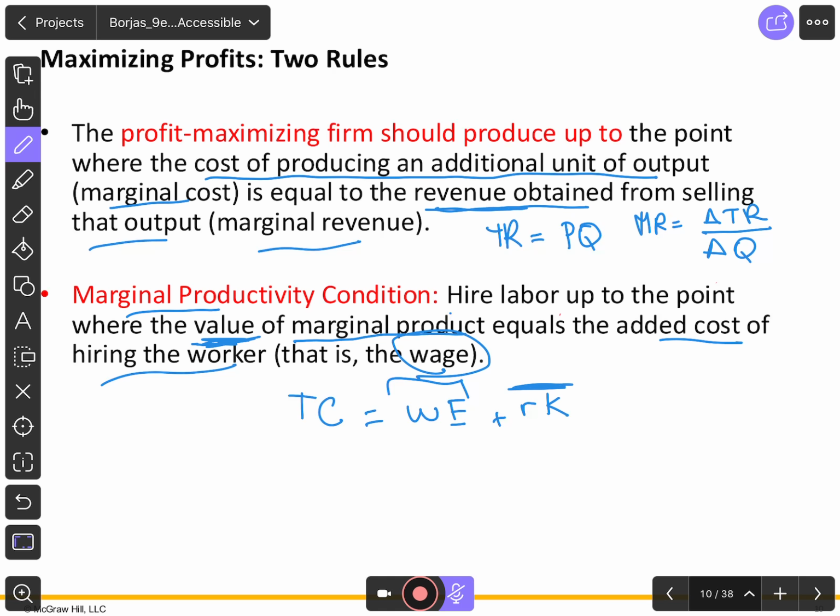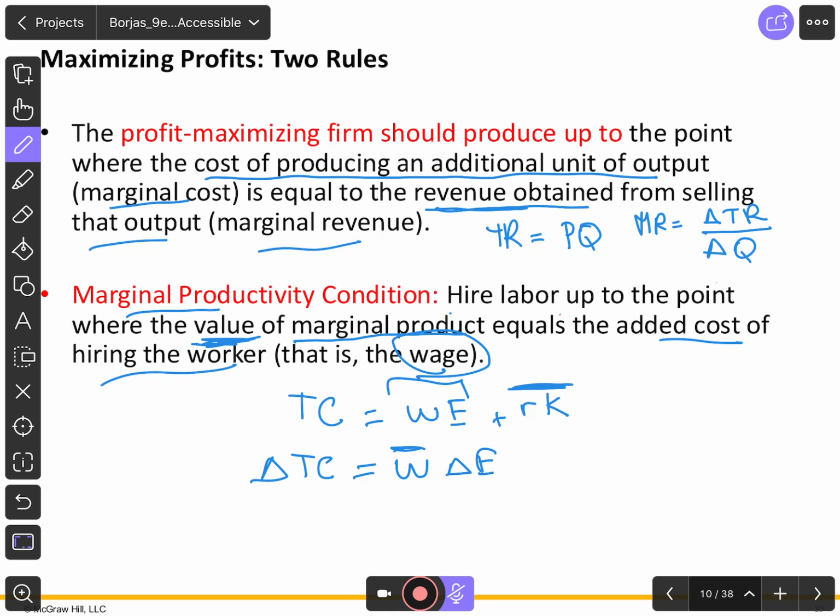So anytime there is a change in the total cost, this change has to come from the change in E, because in a perfectly competitive firm, they cannot change the W, right? They cannot change the wage. They are getting whatever the wage rate set by the market.